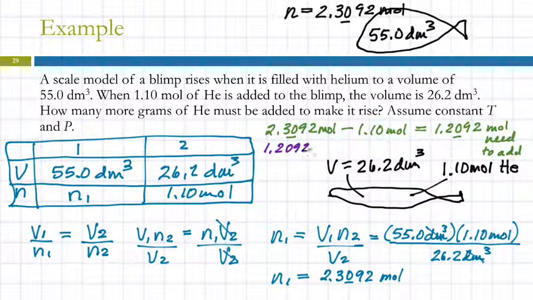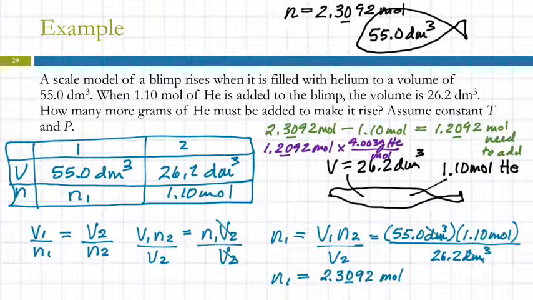1.2092. I'm just carrying those 2 extra digits because I'm not done with my calculation here. Moles of helium, and then I want grams of helium on top and moles on the bottom. And I look at my periodic table, 4.003. It's the mass of 1 mole.